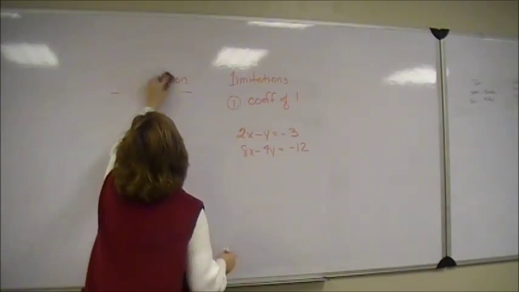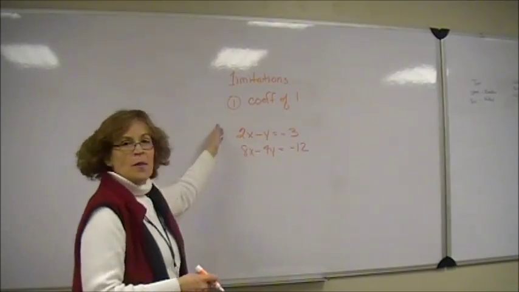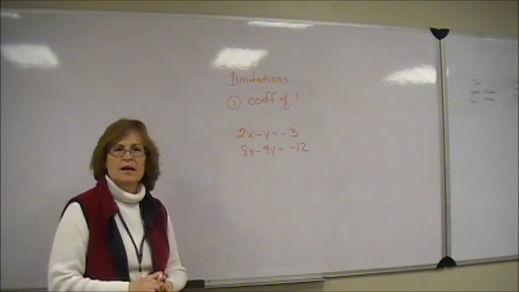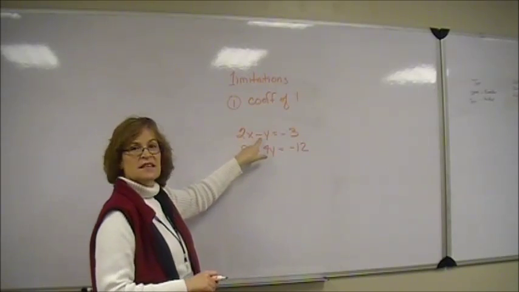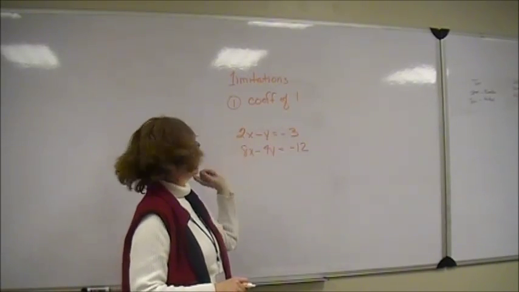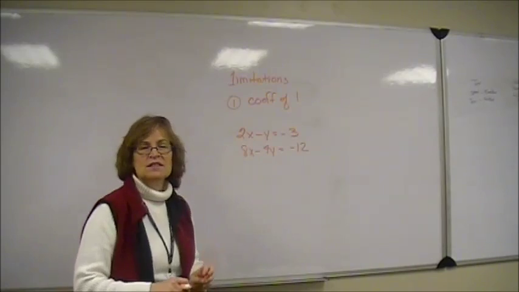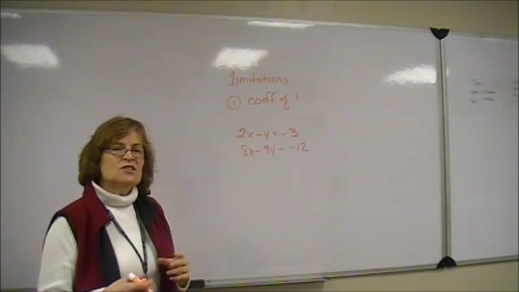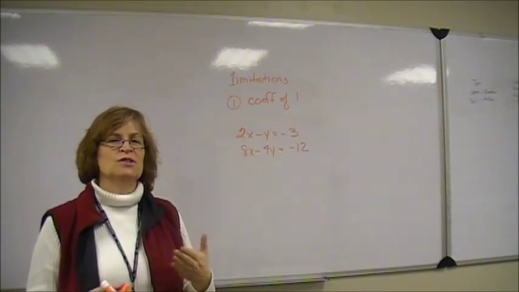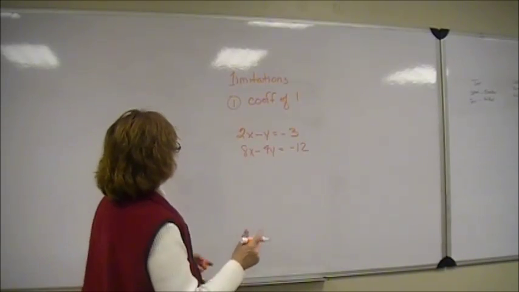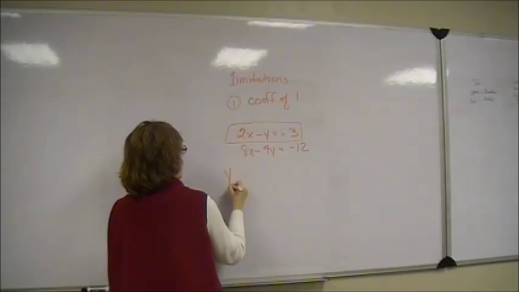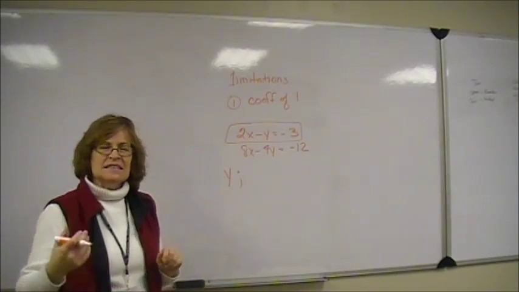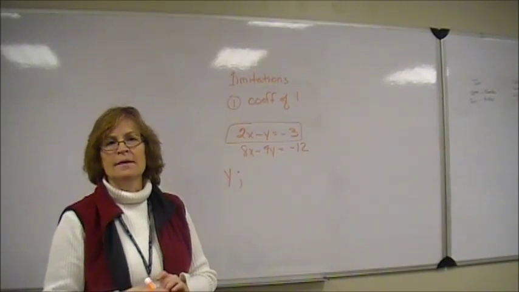Okay, on the board I have a system of equations. You'll notice the coefficients are 2, negative 1, 8, and negative 4. If I don't allow a limitation to stop me, then I am going to solve this equation right here for y, because that's the only one that has a coefficient of 1.